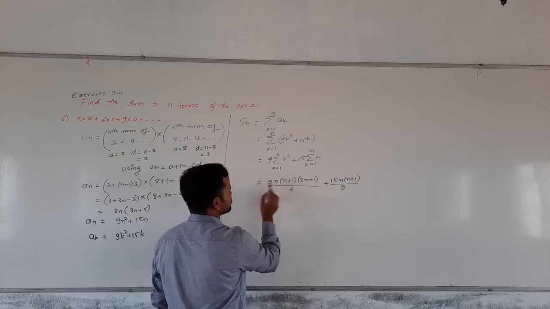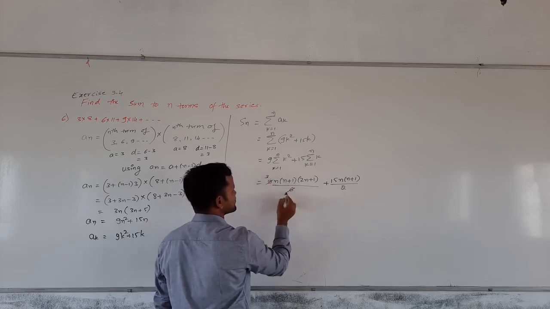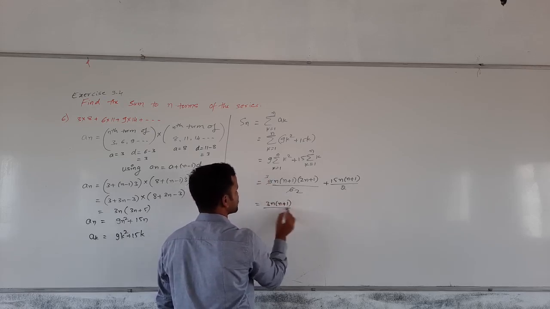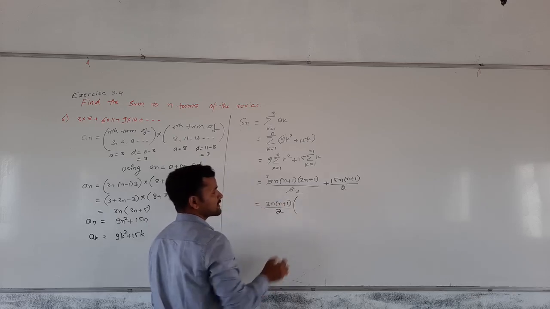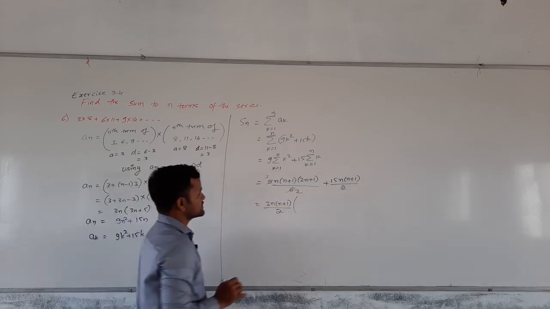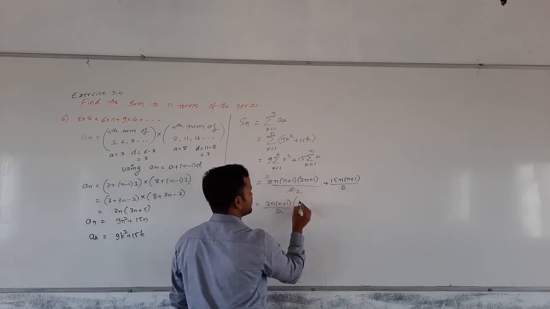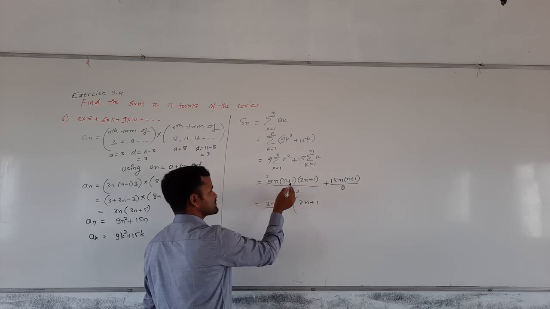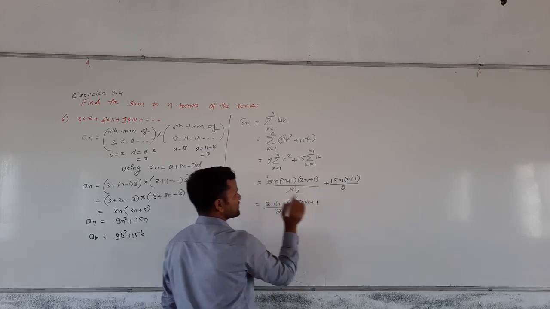There is a common factor among these two. 3 is common, because 15 can be written as 3 into 5, and n into n plus 1 by 2 is also common. What are the remaining terms? From the first term, 3 is outside, n into n plus 1 by 2 is outside, and 2n plus 1 remains.